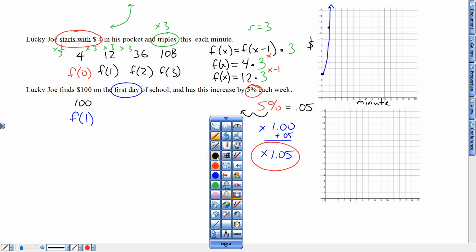So that works like this. Second term, 100 times 1.05 on my calculator. Gives me 105. And then I times that by another 1.05 on my calculator.